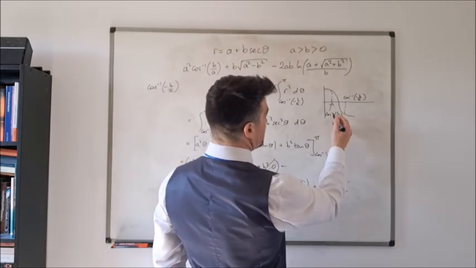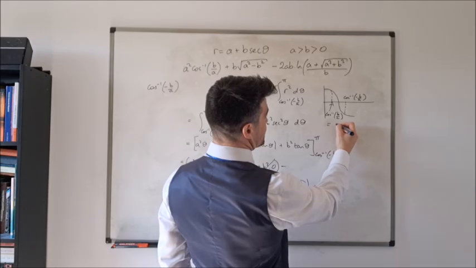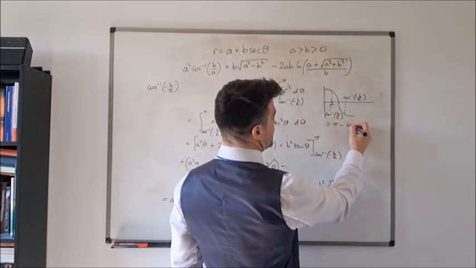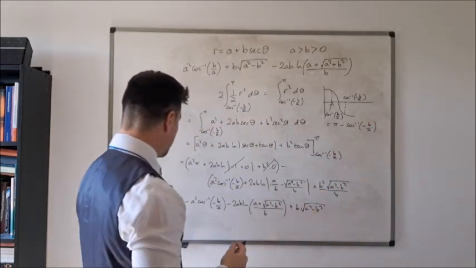Okay, so this value here, using the symmetries of cos, is just going to be pi minus inverse cos of minus b over a.